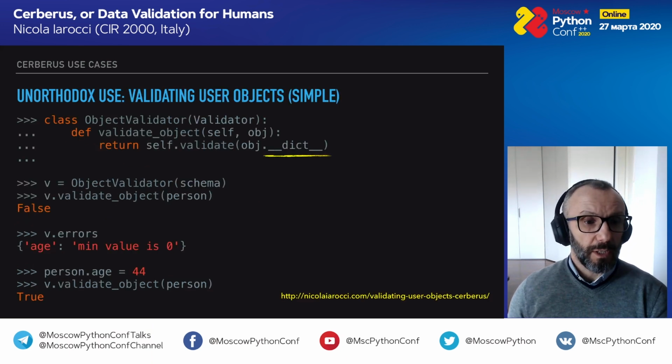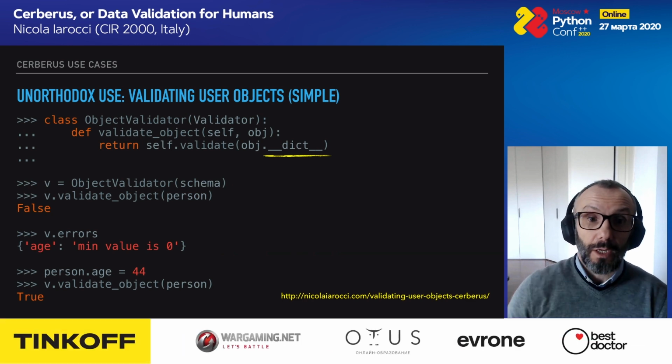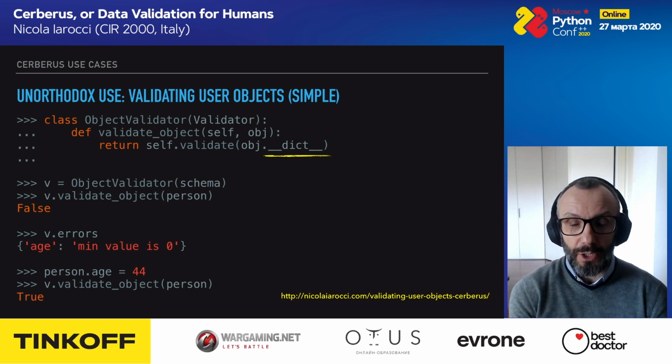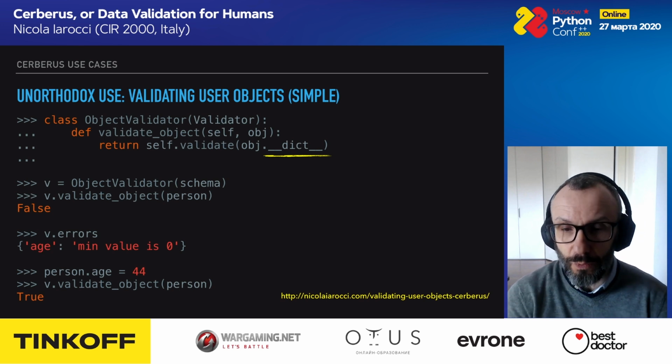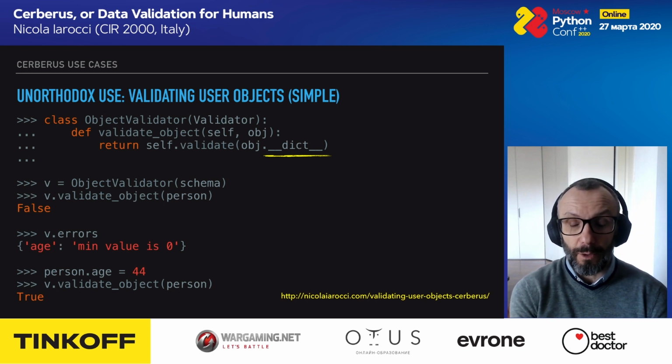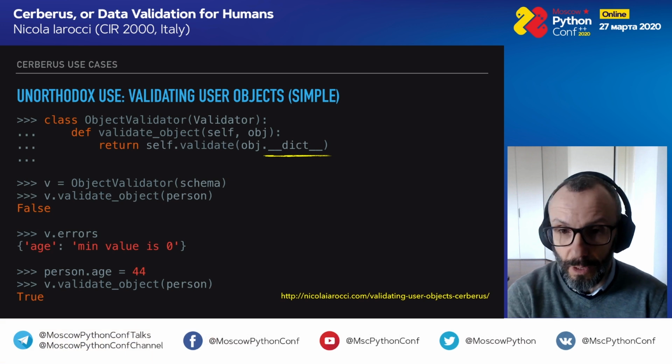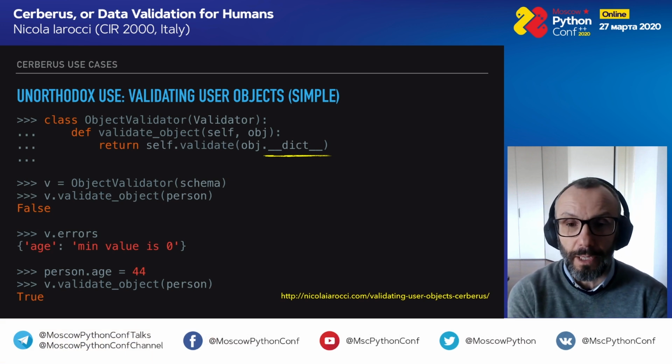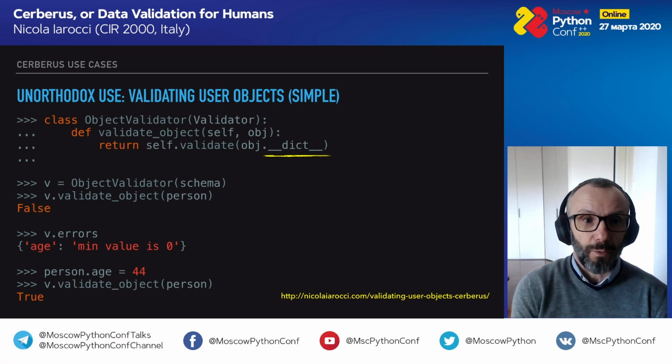In this example here, we see how we can use Cerberus to validate objects and not just dictionaries. This is very easy to do in Python, because we all know that classes in Python are actually using a dictionary to store the property values. So you just have to reach for the dunder dict within the class and validate that one. This is a super simple example.